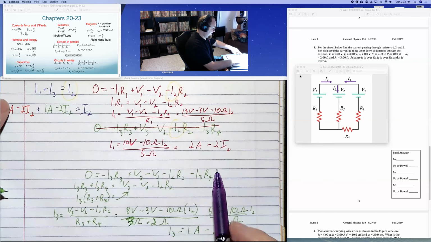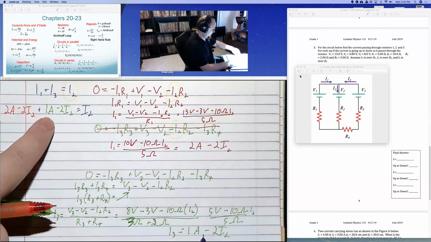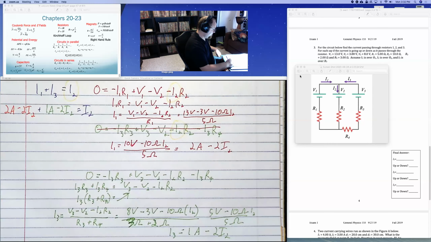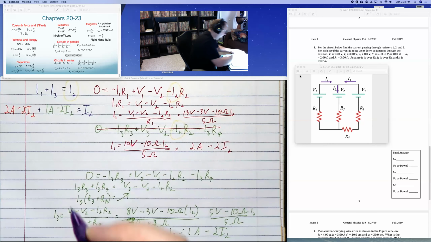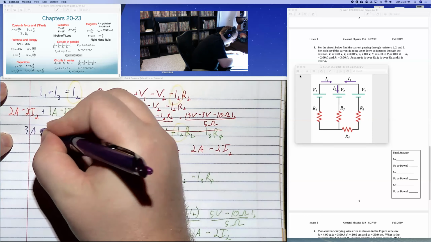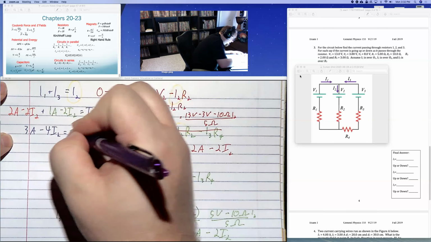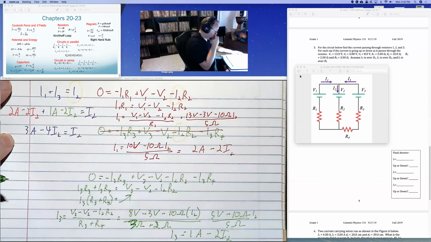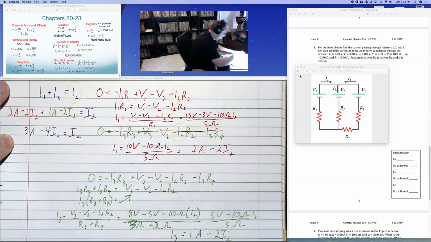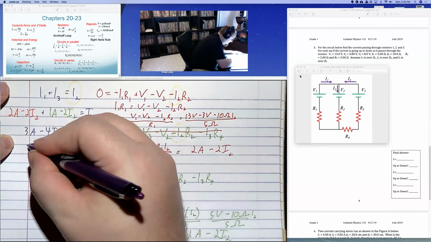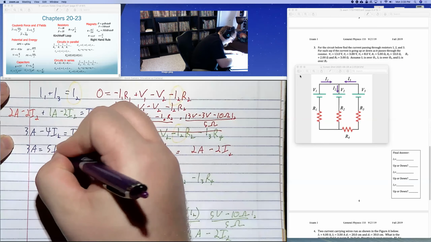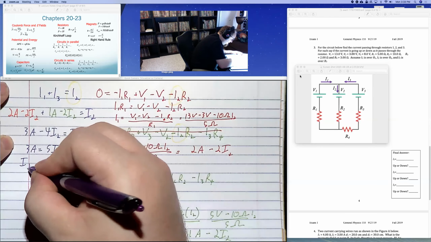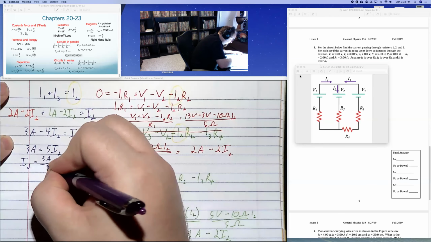I'm just plugging this in for I1 and this in for I3. Simplifying, that is 3 amps minus 4 I2 equals I2. So I'll add that I2 stuff to both sides. 3 amps equals 5 I2, and therefore I2 equals 3 amps over 5.